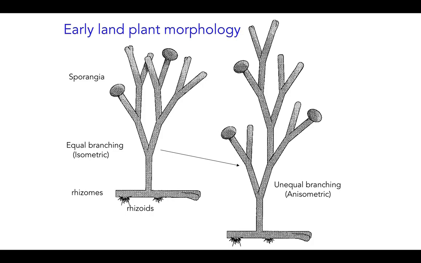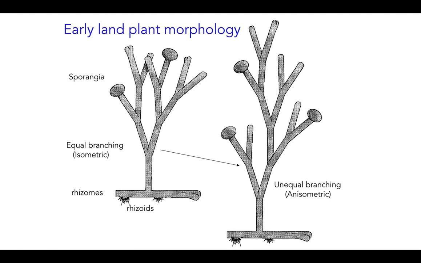And so what Carl Niklas was interested in doing was stepping back and thinking about the earliest land plants, in particular the earliest land plant morphology. And he asked the very simple question: how can we take such a simple plant? If you recognize this, this is Cooksonia, the first land plant fossil.